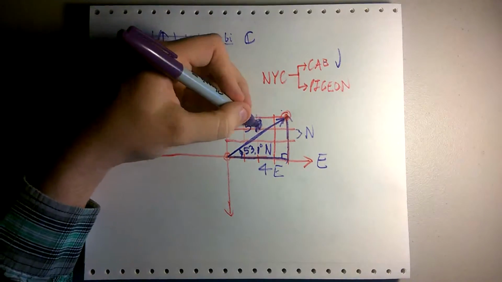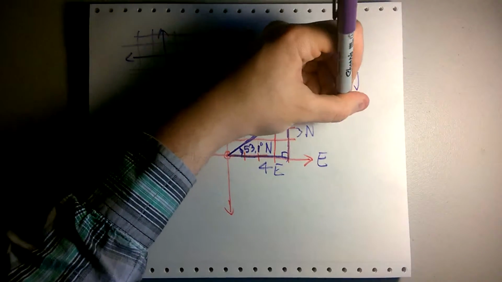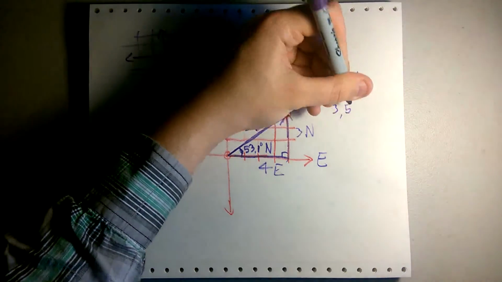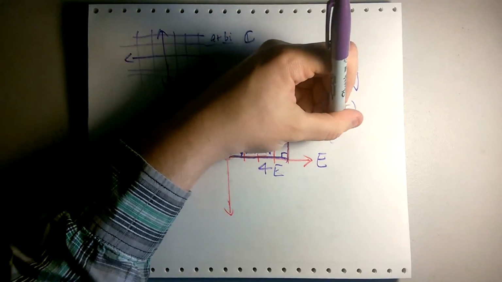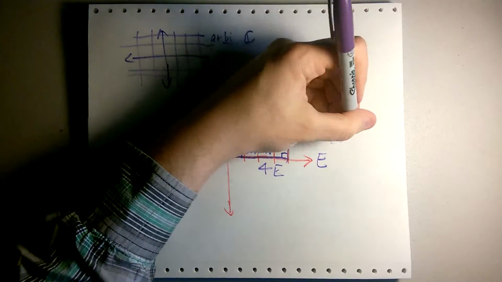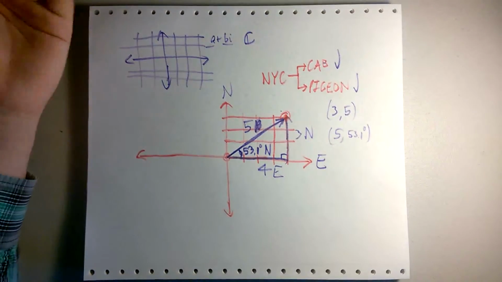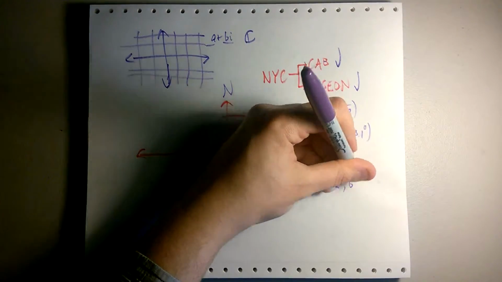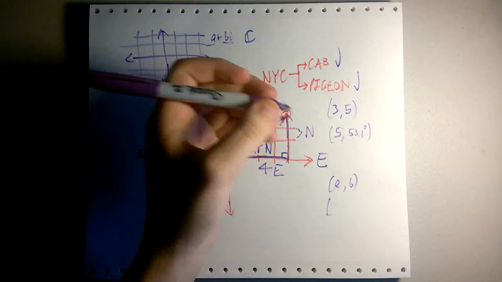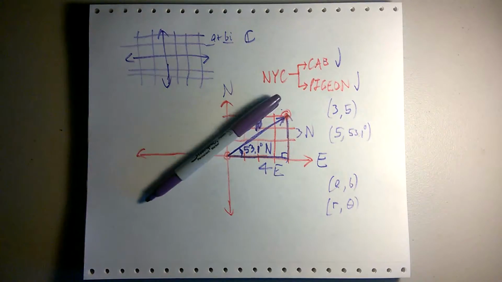Alright, so those are the two ways to talk about a distance. You could talk about it as 3, 4, or you could talk about it as a distance of 5 and an angle of 53.1 degrees. Or, in a vague sense, a and b, or, let's say, an r and an angle.